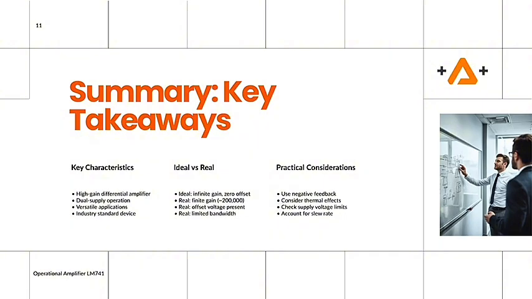This difference is caused by the input offset voltage, which is a non-ideal characteristic resulting from internal mismatches in the amplifier's components. In addition, when analyzing the input bias current, we observed small currents in the nanoampere range at the input terminals.